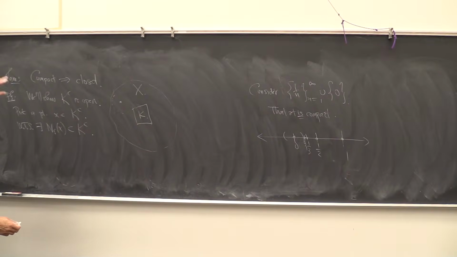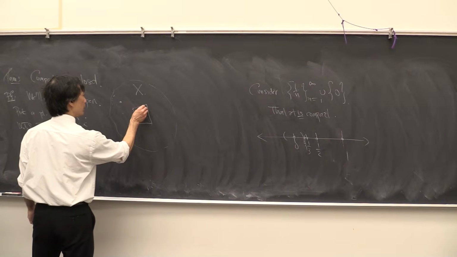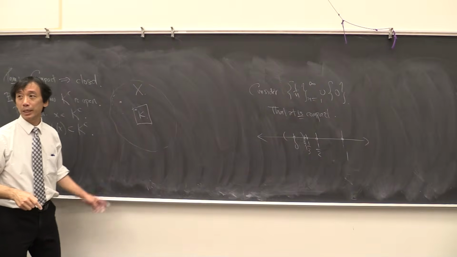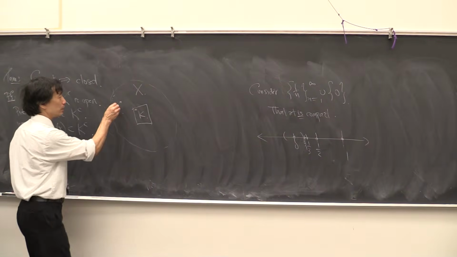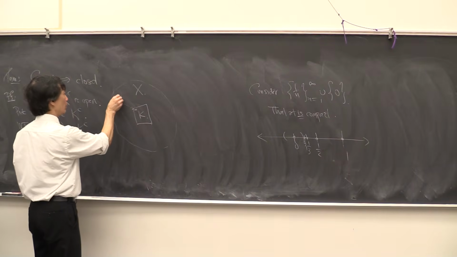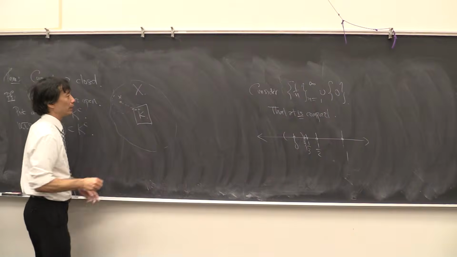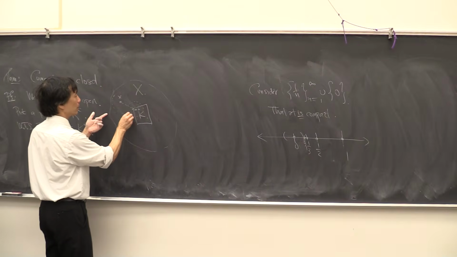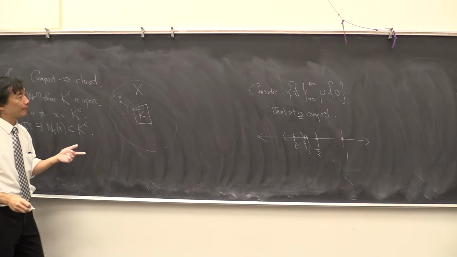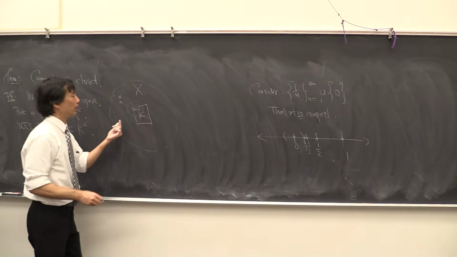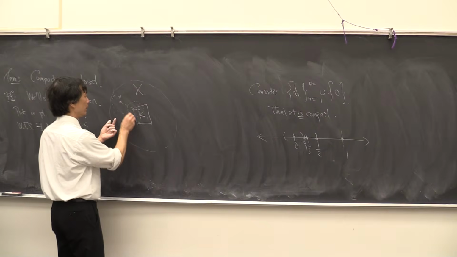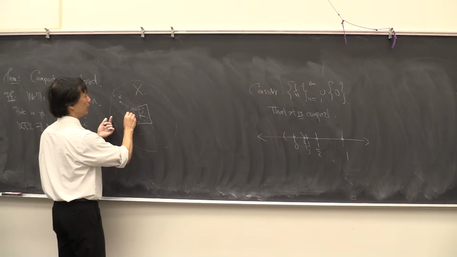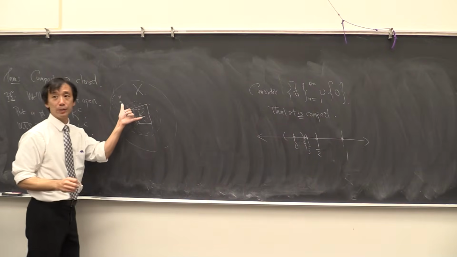So what we do is we say, well, let's take every single point of K. Take a point of K, call it little k, take the distance to our point x, and take a neighborhood of half the distance. We do that for every single point: a neighborhood whose radius is half the distance to that point.